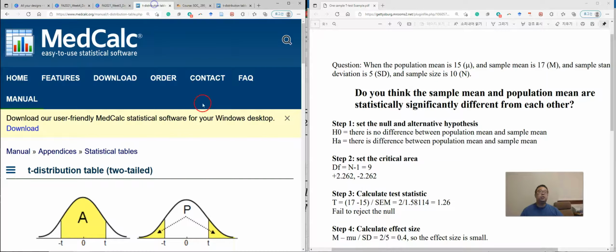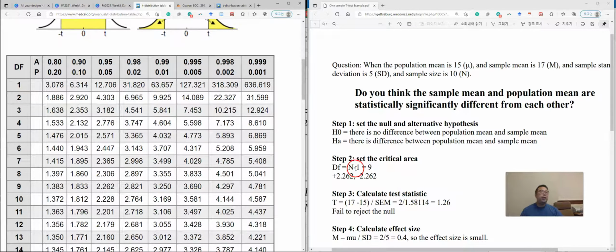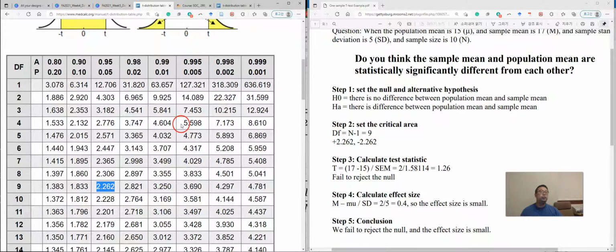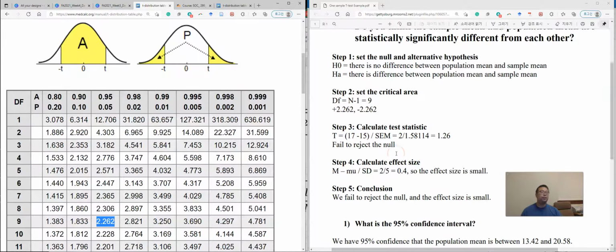Using the t table, 0.05 as the alpha level, and 10 minus 1 as the degrees of freedom, because n is 10 in this example. So n minus 1 is 9, and 2.262 is the t-critical. There are two numbers, positive 2.262 and negative 2.262.